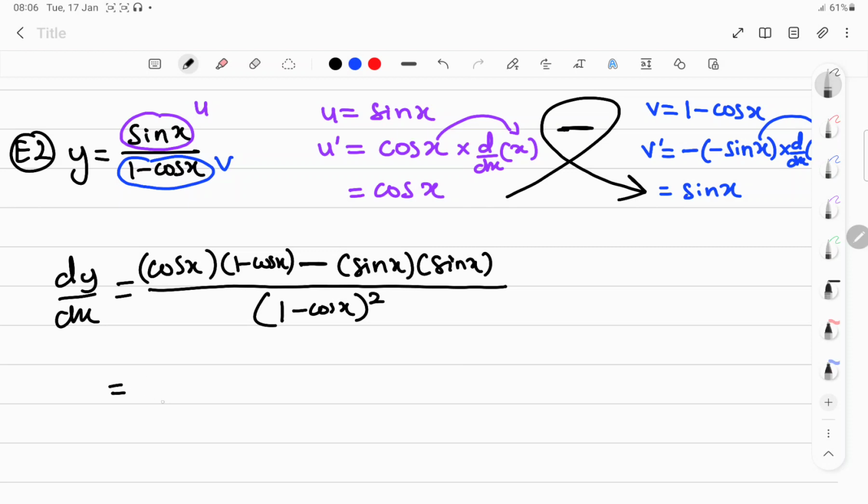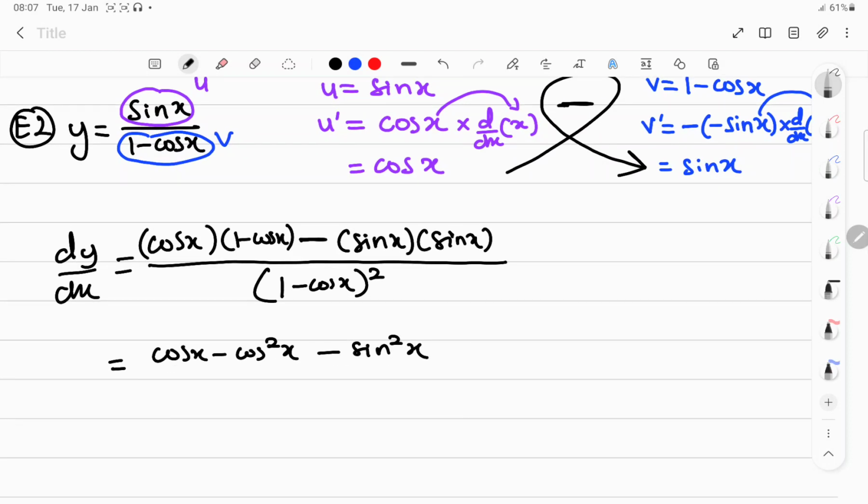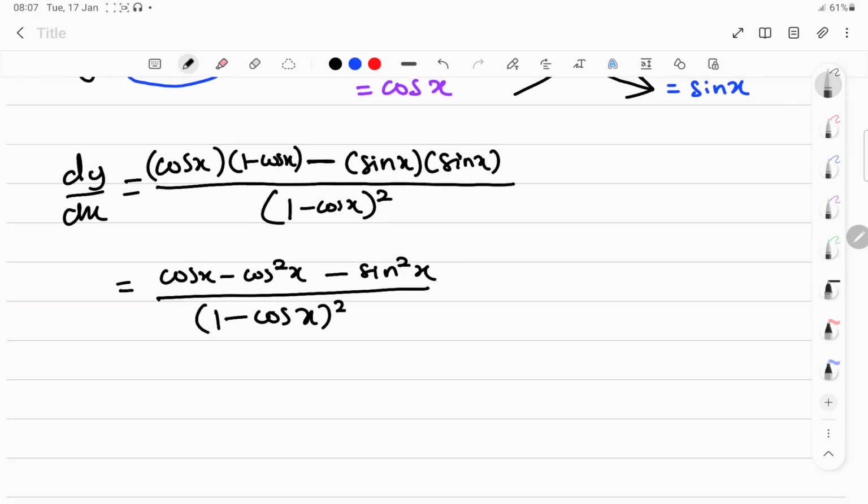Now is the time to simplify. This one we can expand: cos x minus cosine squared x. And this one is minus sine squared x. I think we can simplify this further, over (1 minus cos x) squared.